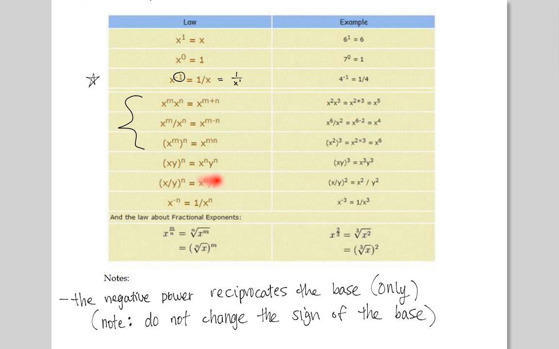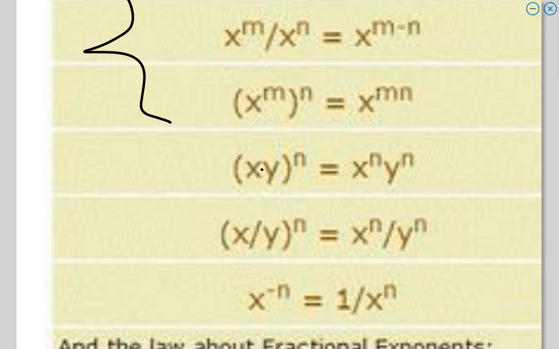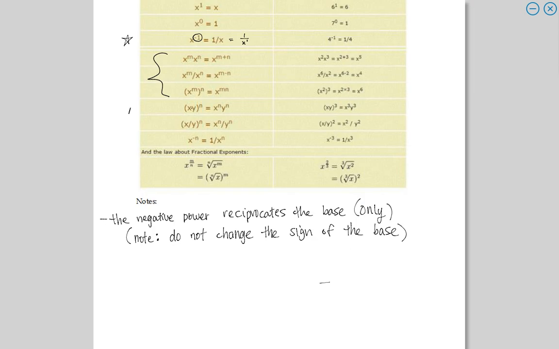Now these next two look quite simple, but they're often screwed up by accident. So I'll show you, for example, this right here says this is a product, x times y to the power n. I'm showing you an example of that.